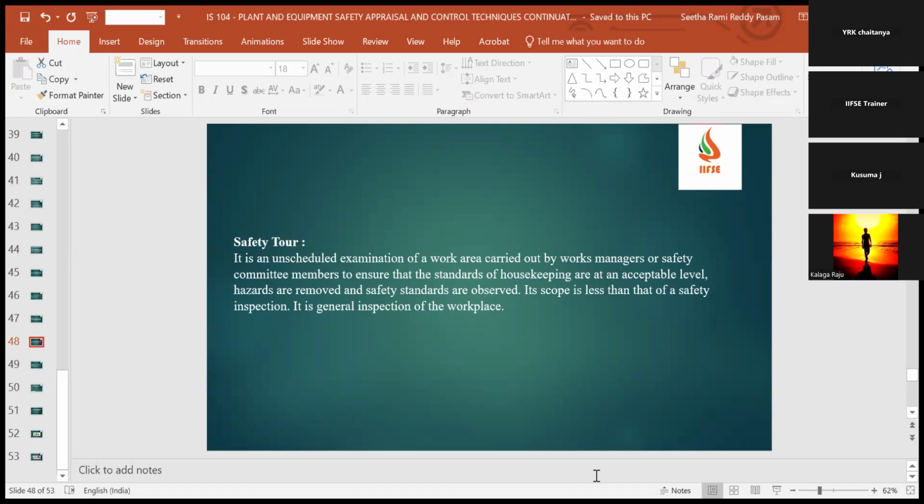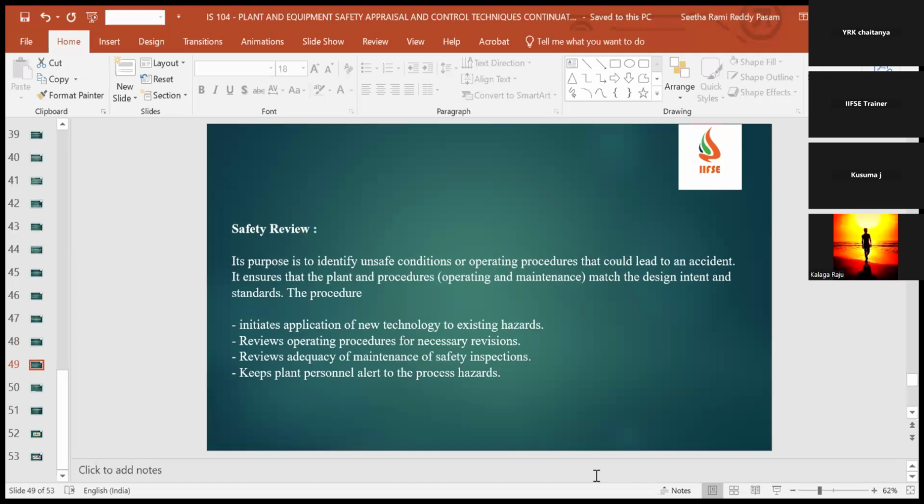It is just a safety walk tour, or we used to call it a safety walk. Sometimes the management also goes through the work area, or the plant area, to understand whether the existing standards and practices are meeting the requirement or not.